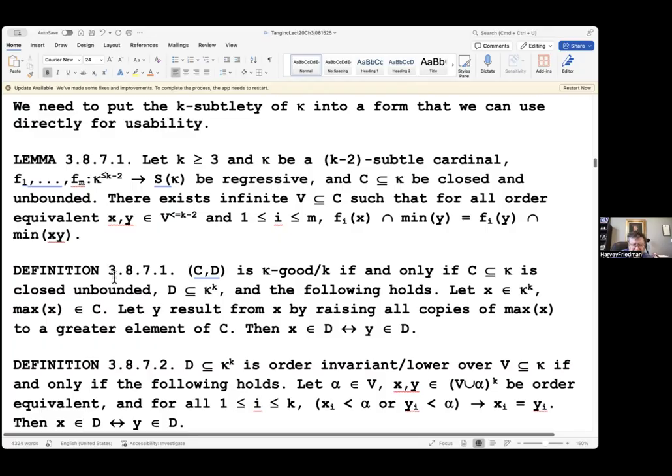So if I have a finite sequence and its max happens to be in C, and I raise all copies of the max to a greater element of C, I don't change its membership in D. So that's what C, D is kappa good K means.